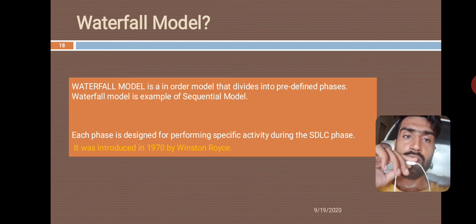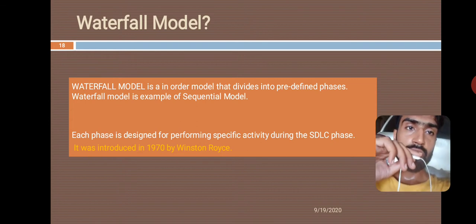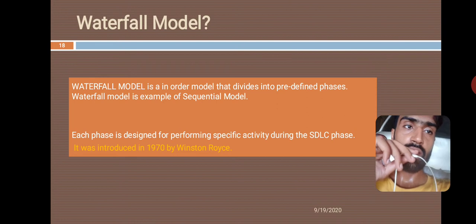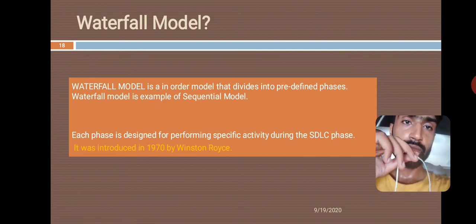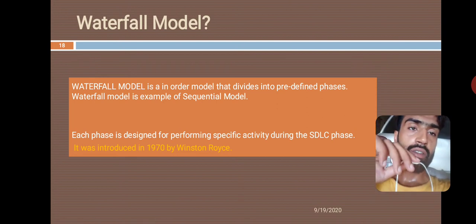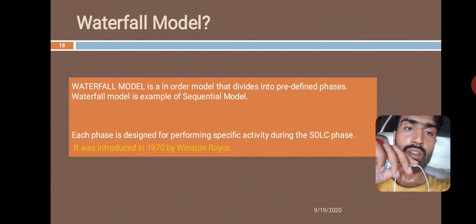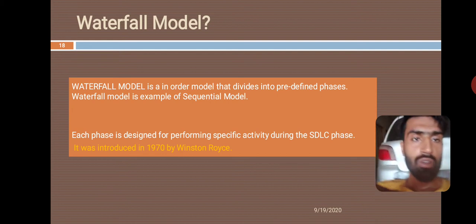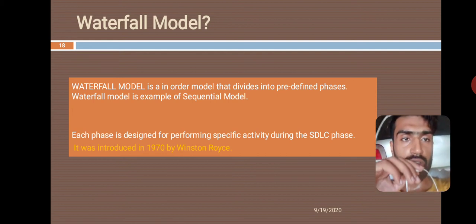Each phase is designed for performing a specific activity during the SDLC. It was introduced in 1970 by Winston Royce.